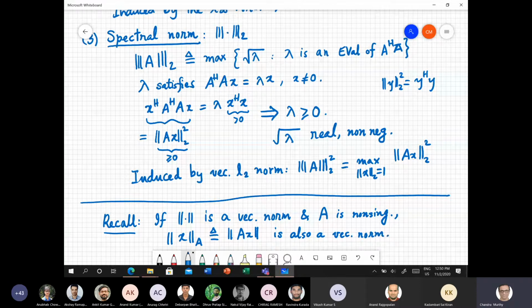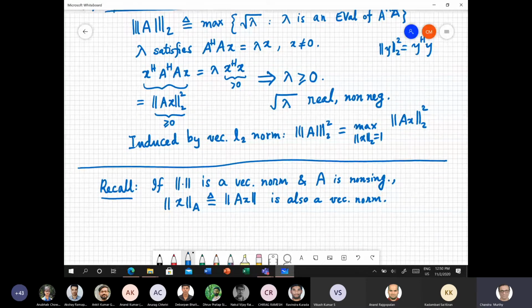So basically, if we know of a particular vector norm, then given any non-singular matrix, we can define a new vector norm. There's a similar result for matrix norms.